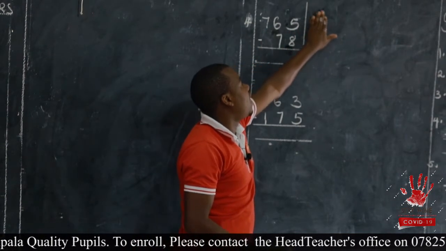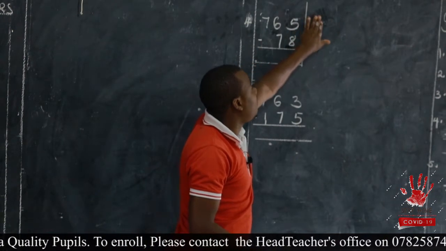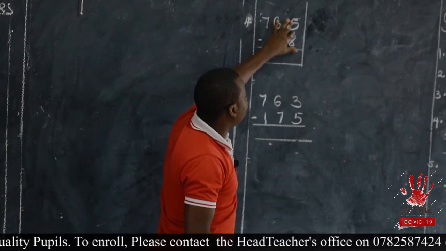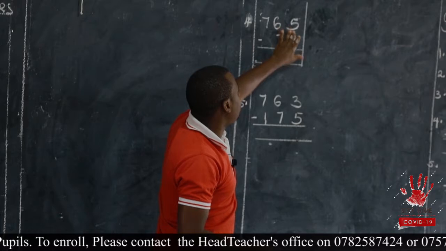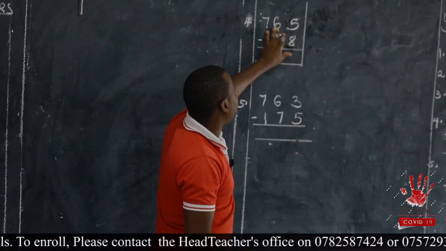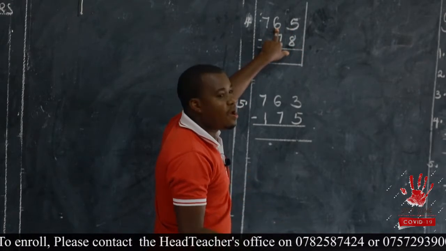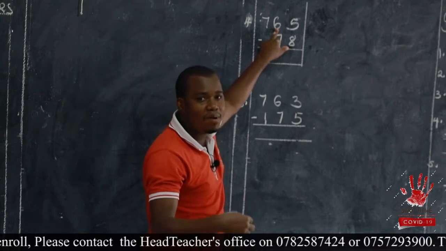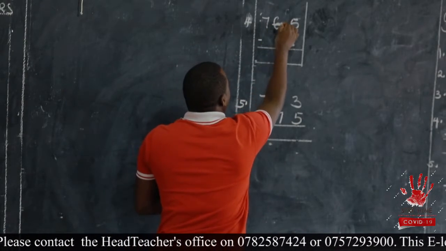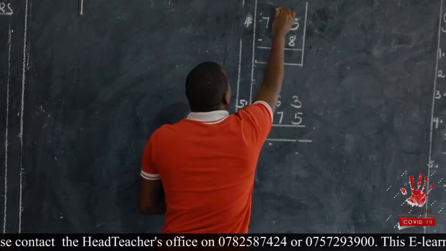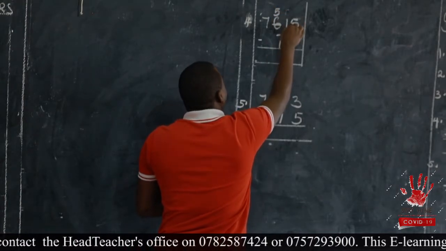Before coming here, you remember, you first make sure that the number on top is bigger than the number down. So 5 take away 8. 5 is small, but we regroup. And where do we regroup? We regroup the number in the next place value. So we are going to regroup here. We remain with 5, and we take 110.